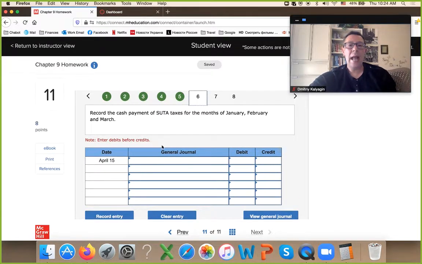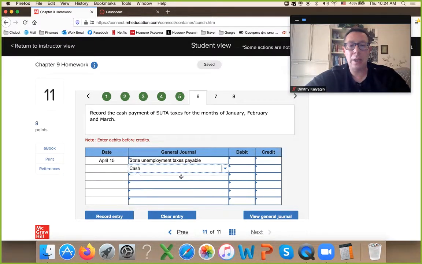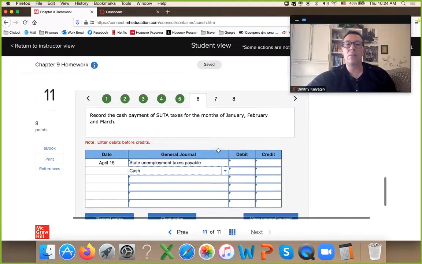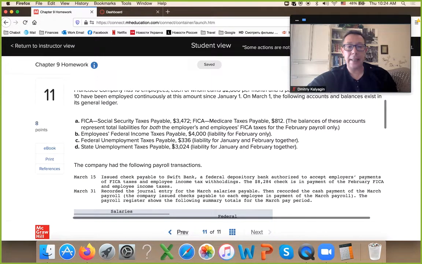Record entry. And the next one, we're gonna record the payment of SUTA taxes for 3 months. We're making this payment on the same day, so I'm going to pay state unemployment tax payable with cash, and they want us to record it for January, February, and March. So you have state unemployment right here for January and February, 3,024.